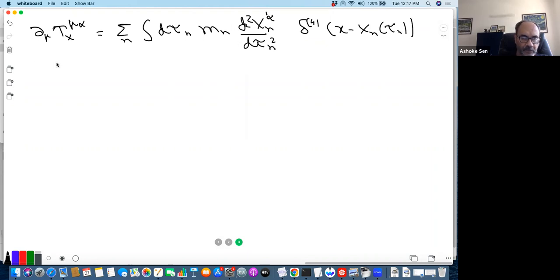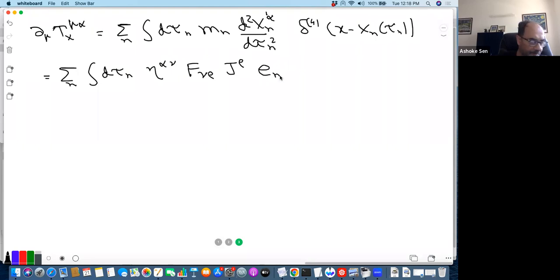And now we are going to substitute. So this is sum over n, integral d tau_n, and then I substitute eta^{alpha nu} F_{nu rho} times e_n.